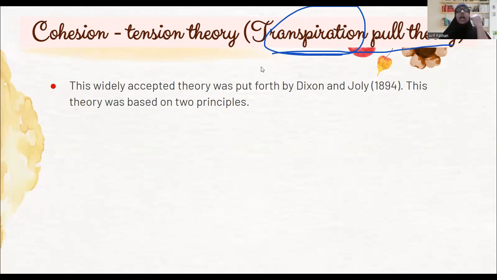Though we can consider those, the strongest theory for the translocation of water from the root system to the shoot system can be best explained by this theory of cohesion tension theory. This was put forth by Dixon and Joly in 1894.